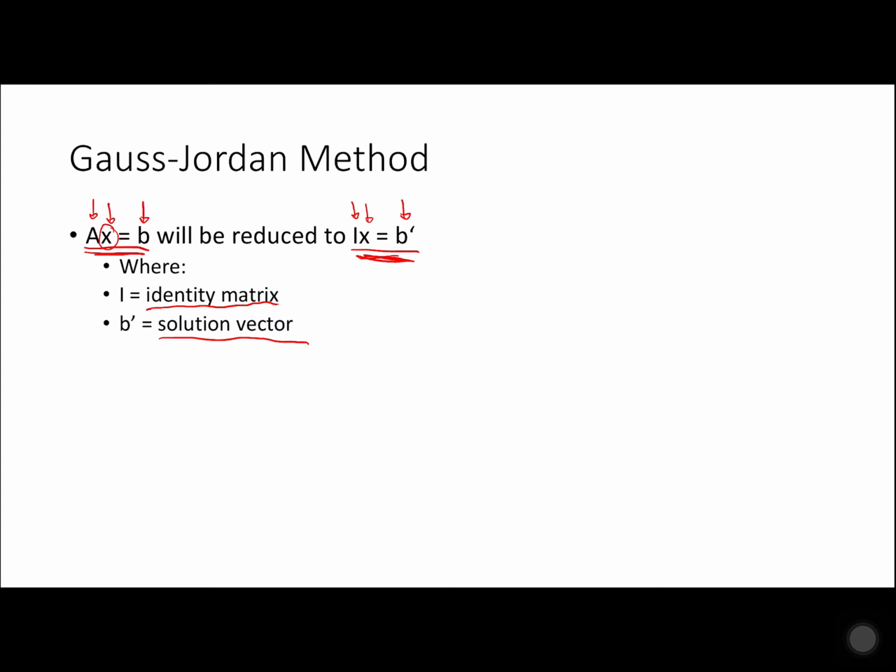So ang pag-solve, gamiton ang augmented matrix. So from this formula, kuhaon nato ang A, B. Tapos ibutang nato sa augmented matrix. And say for example, we have these values para sa coefficient matrix.